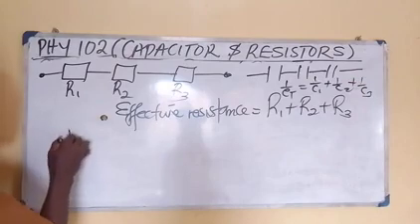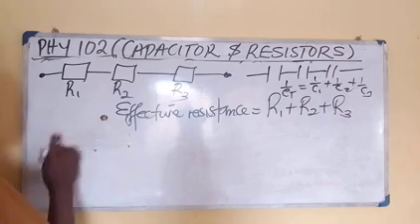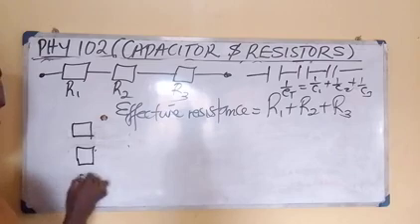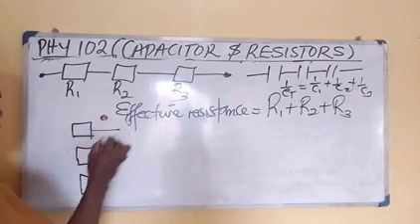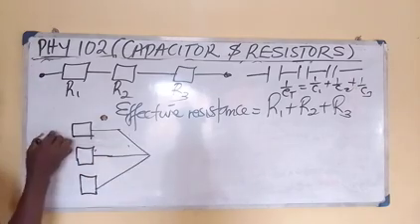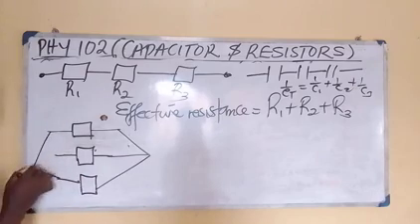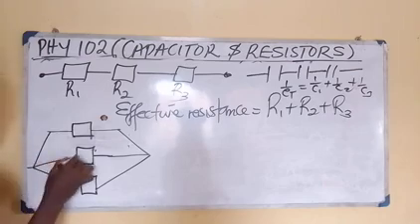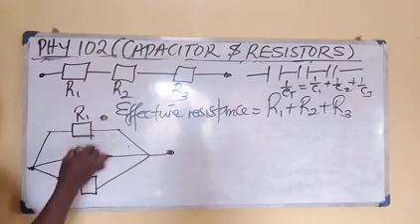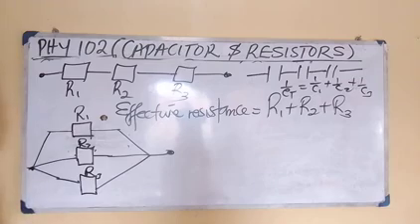Then we now have resistors in parallel, R1, R2, R3.